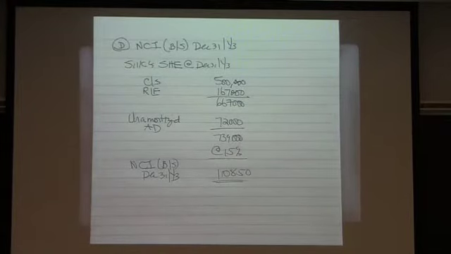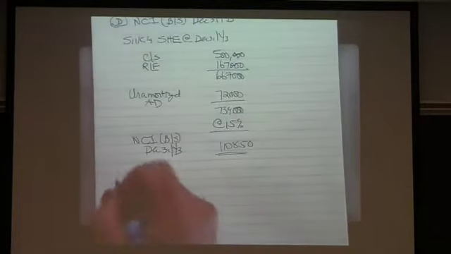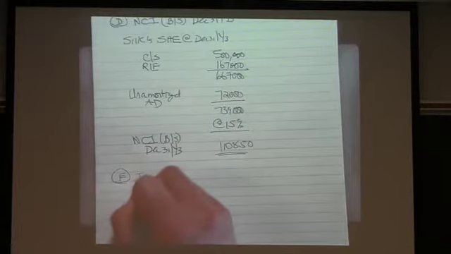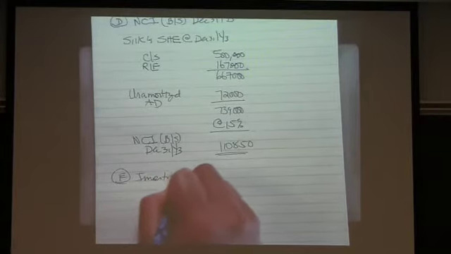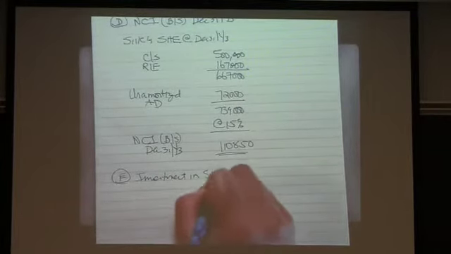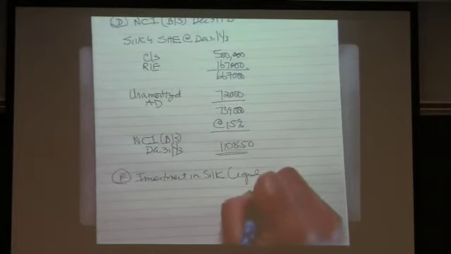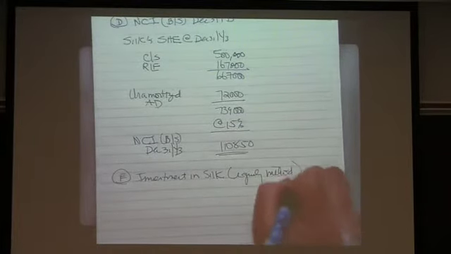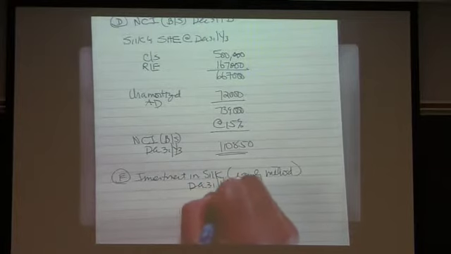Now next it's asking us for investment in Silk had they used the equity method. So this one here is, what is the investment in Silk using the equity method at December 31st, year 3?